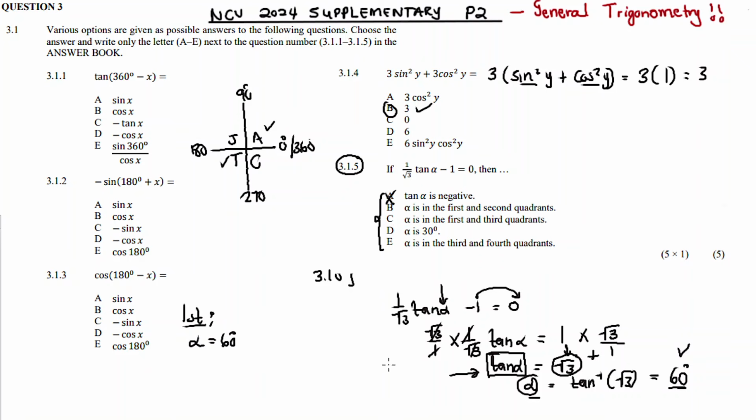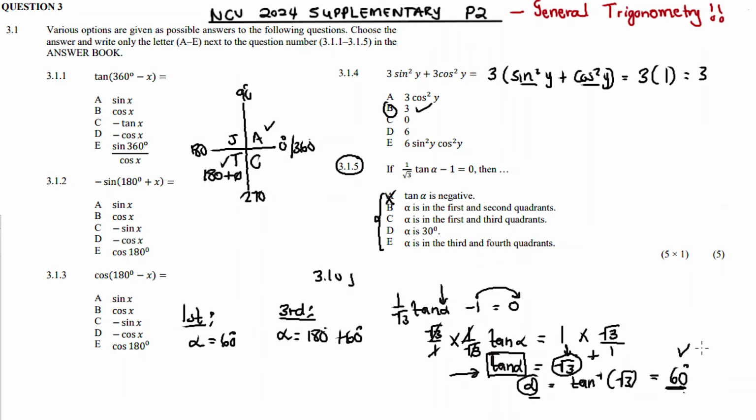Where else is tan positive? In the third quadrant. To get the solution in the third quadrant, you're going to use the reduction formula for the third quadrant, which is 180 degrees plus theta. So in the third quadrant, alpha becomes 180 plus 60 degrees.